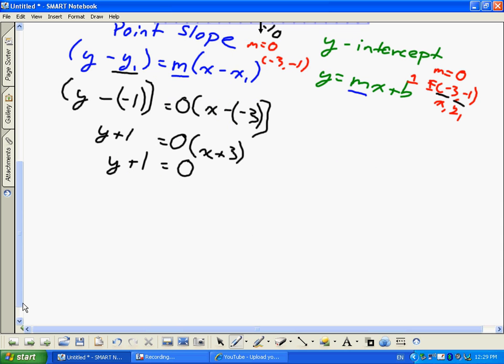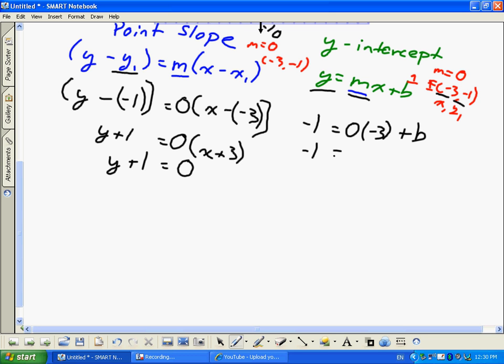So our y is going to be -1, so we plug that in for y. Our slope is 0, we know that. Our x is -3, plus b. We don't know what our b is. So we're going to solve for our b and then go back to our form.